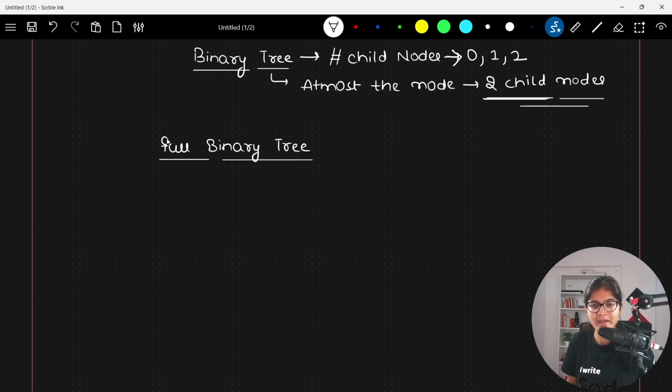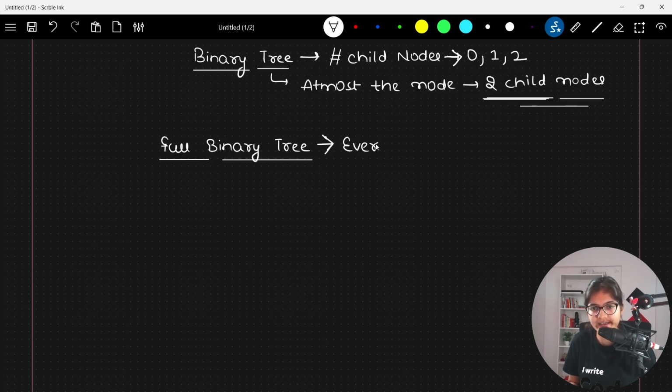When I'm saying full binary tree, please try to understand my statement: apart from the leaf nodes, every node has two children.